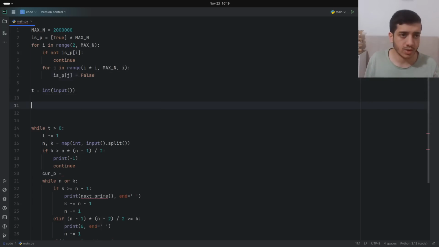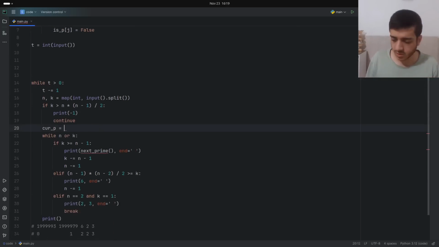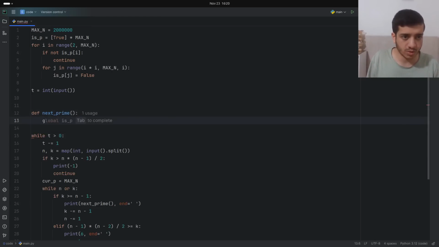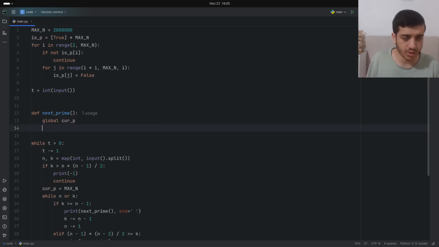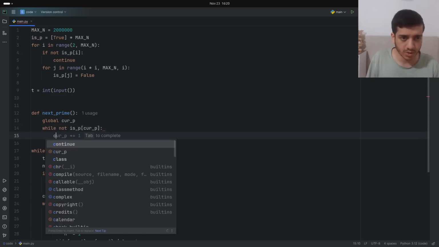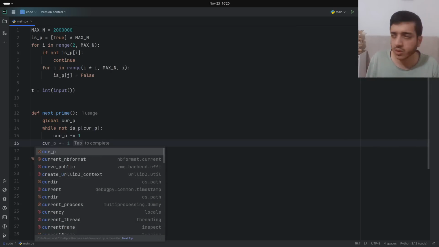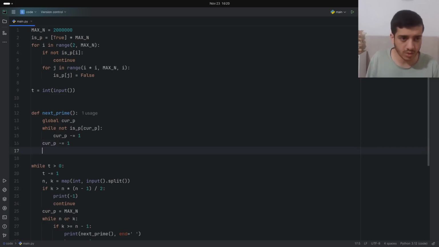Okay, and let's rewrite this function. Prime, global current prime, while not is prime current prime, minus equal 1 current prime, again minus equal, and return current prime plus 1.